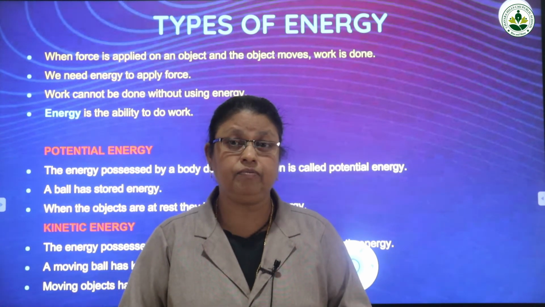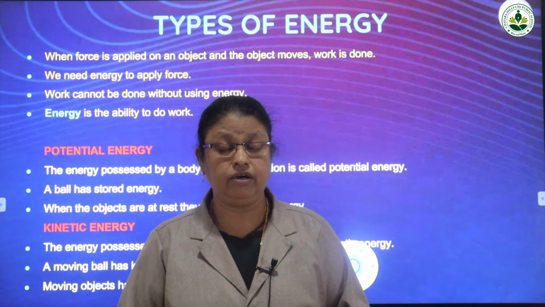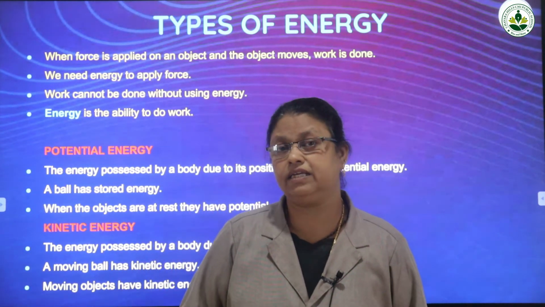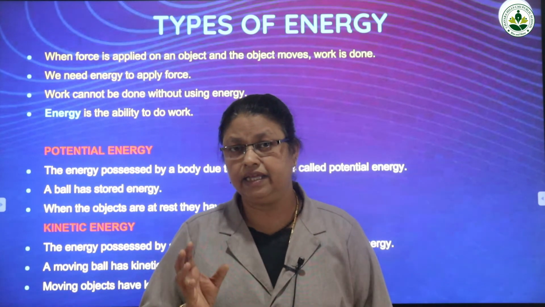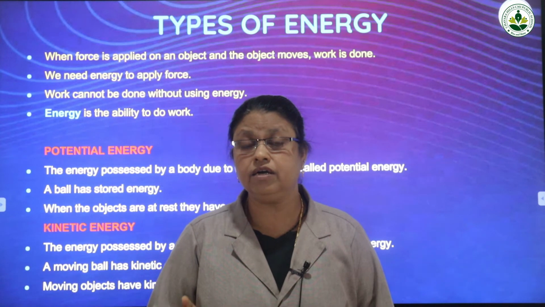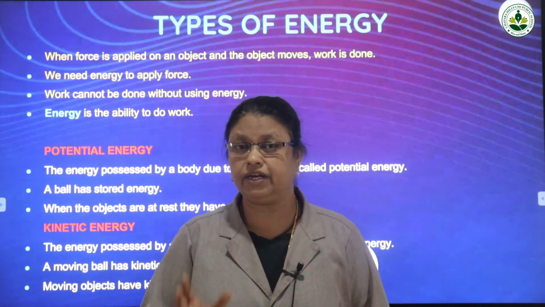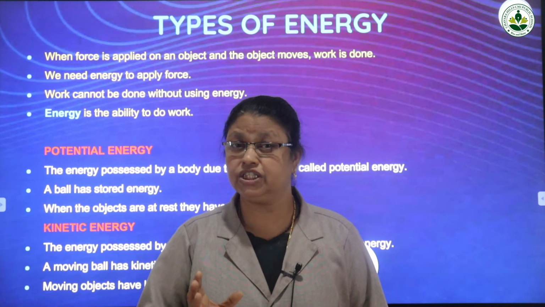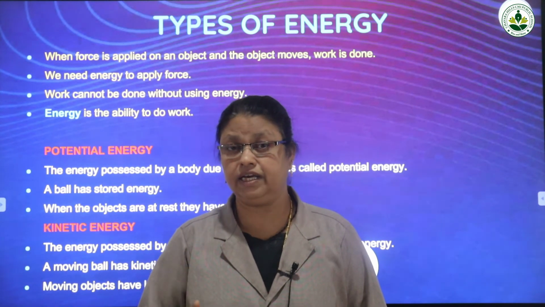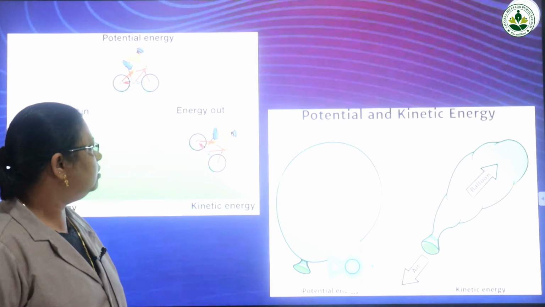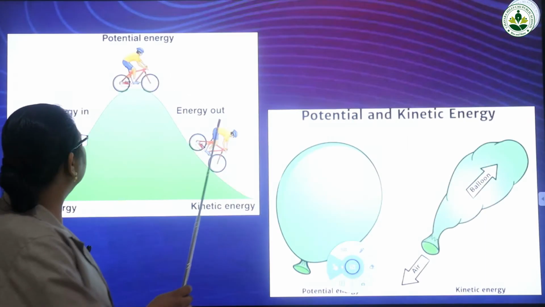The energy possessed by a body due to its position is called potential energy. What is potential energy? The energy possessed by a body due to its position. When the ball is at rest, at that time it has potential energy. Look at the picture.